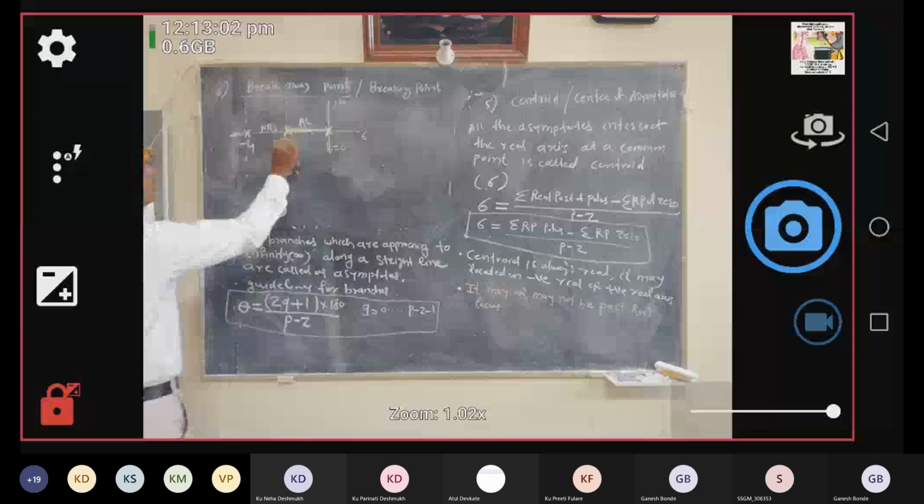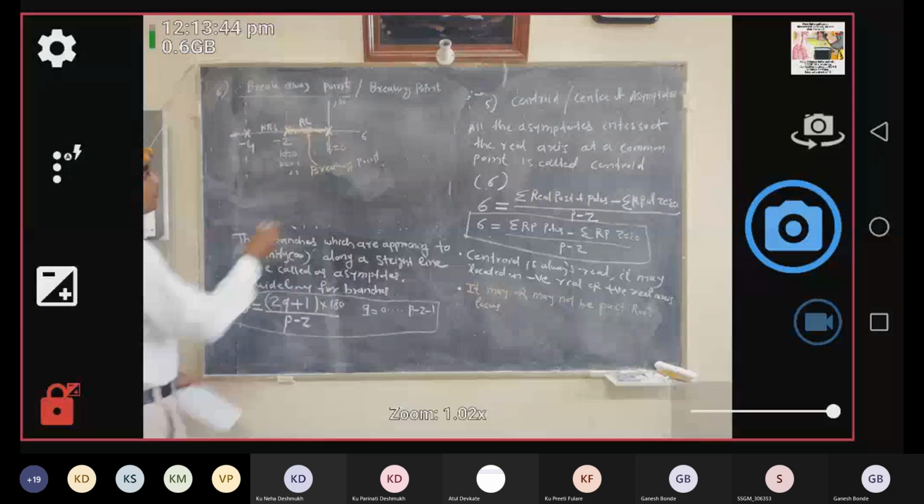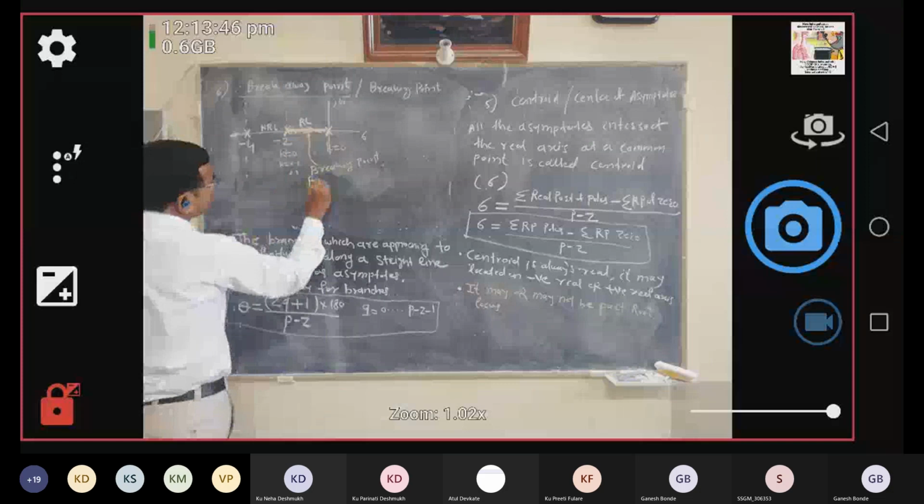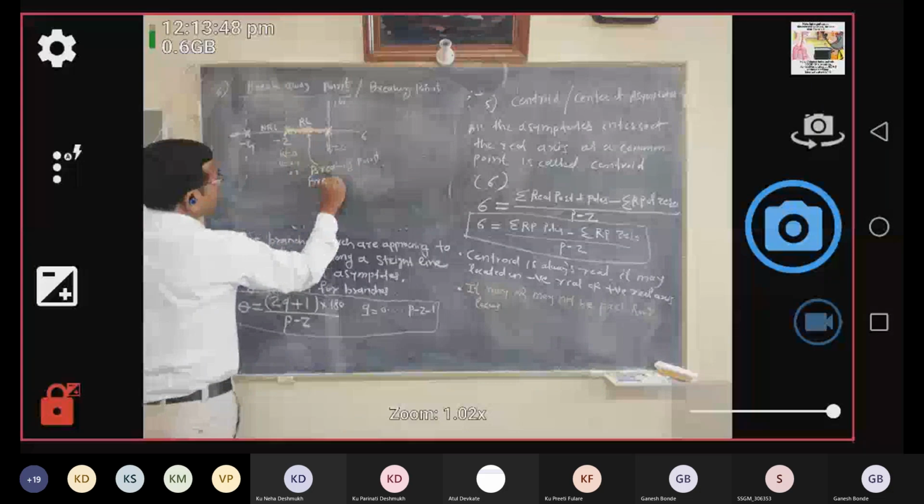So the root locus branches of both poles will meet at this point. This point is called the breaking point, or sometimes the breakaway point. Suppose at this point the value of K is 0.7.